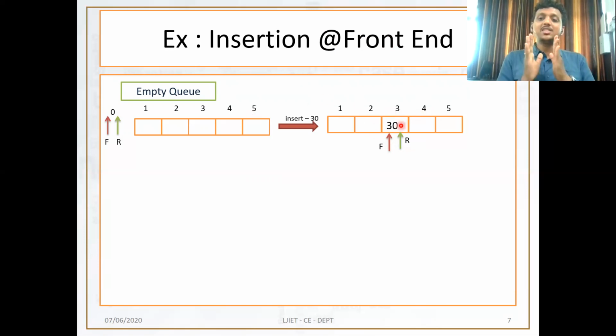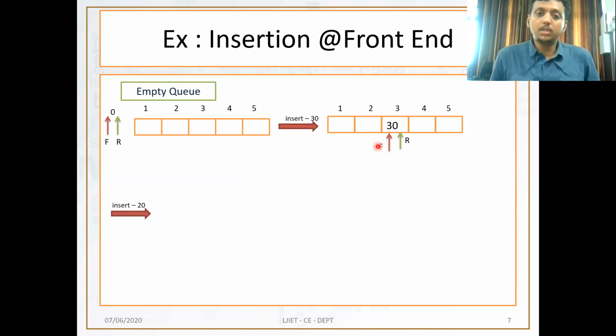I am taking one scenario where at the beginning my queue is like this. Now I want to insert something at the front end, so I just insert 20 at the front end. My front pointer will be moved towards the next position or previous position according to you. So it points to 2. That means you need to decrement.